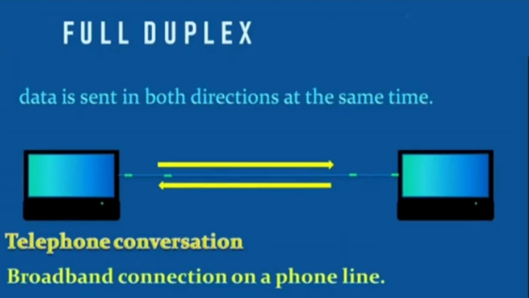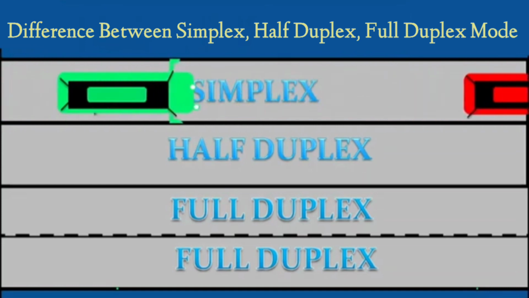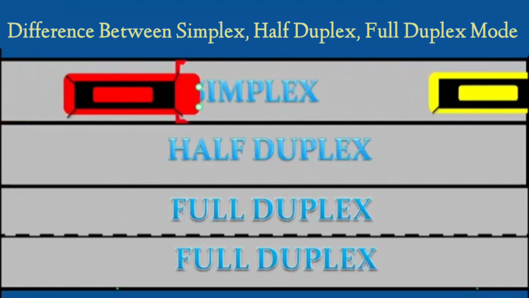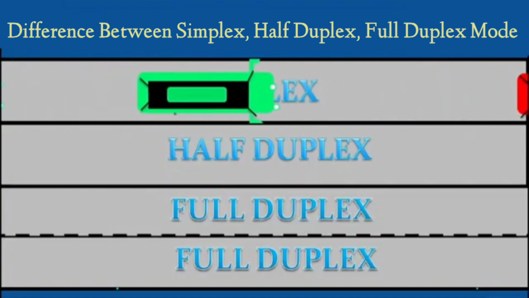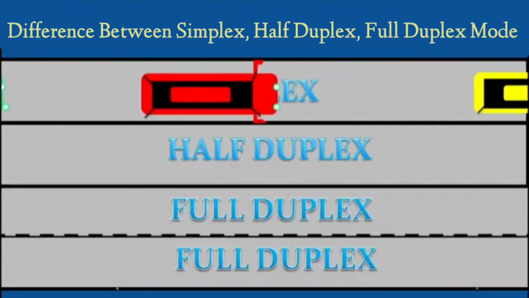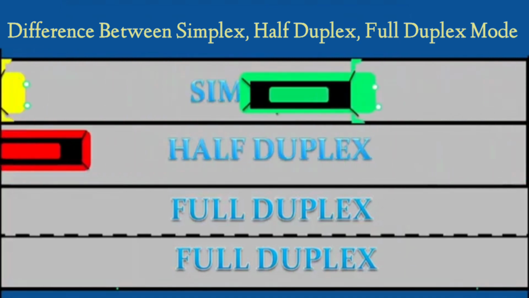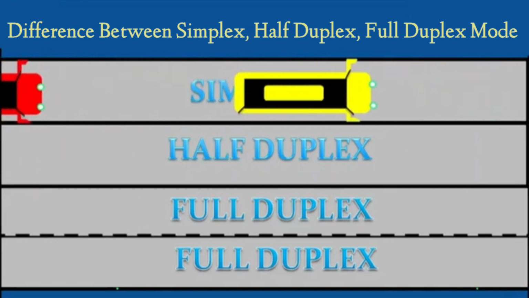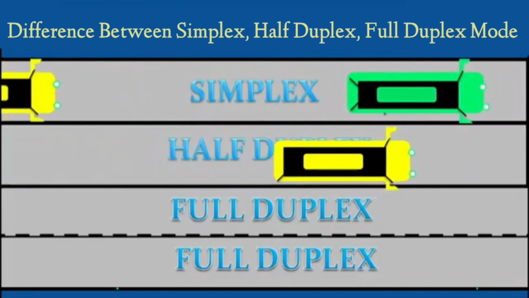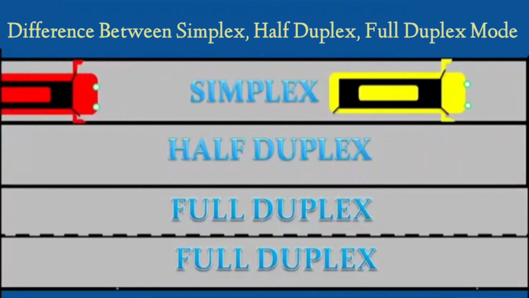Over to you, Harshada. As a real life example of comparison between simplex, half-duplex and full-duplex, we can use an analogy of a highway, where cars that travel in only one direction can be considered as simplex data transmission. In half-duplex, the cars would all have to share a single lane on the highway, and that lane allows traffic in one direction at a time.